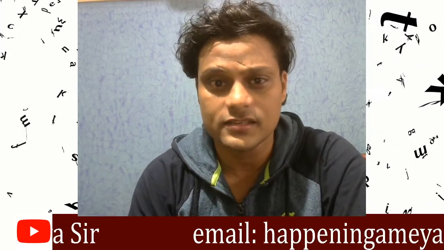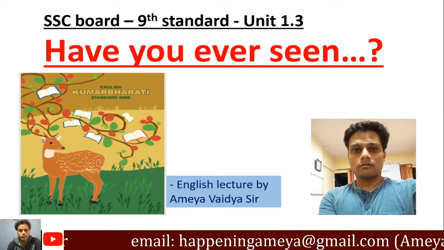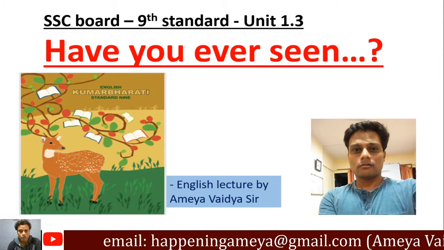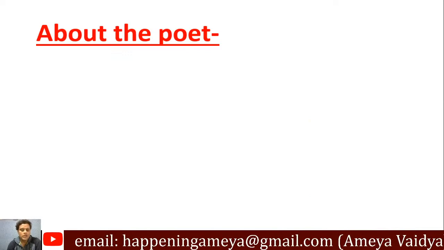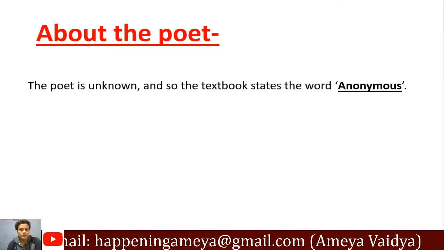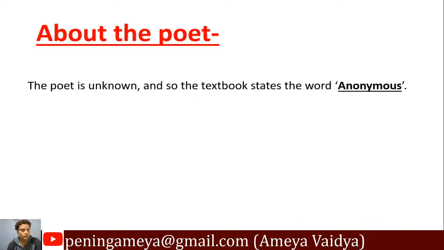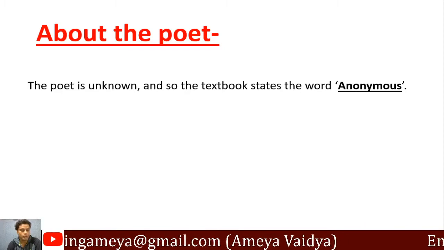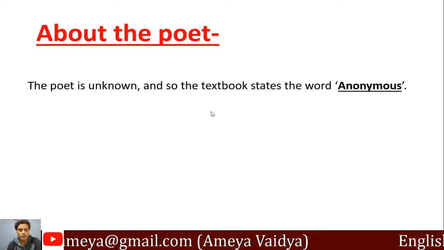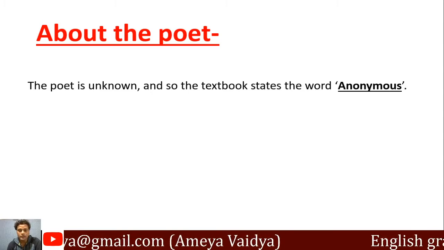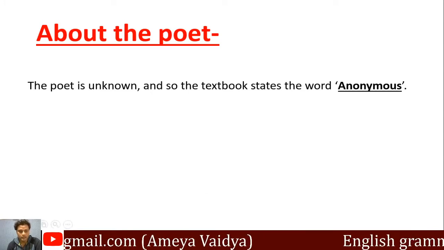That's it, guys. Let's get started with the poem at hand. Have You Ever Seen? So, what is this poem about? This poem, let me tell you, the authorship is unknown. Nobody knows who wrote the poem, and that's why the textbook states that it's anonymous.